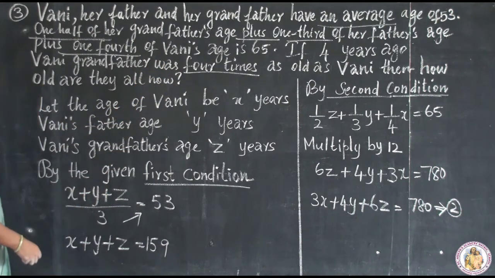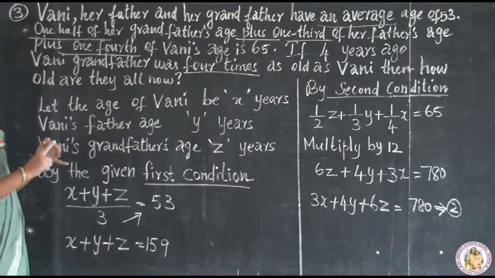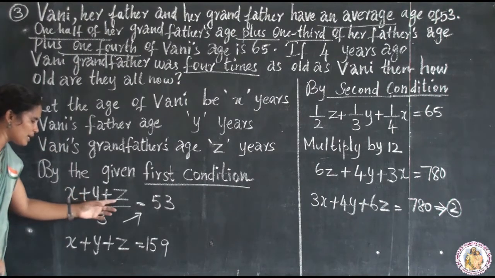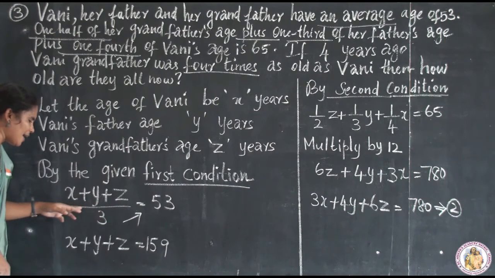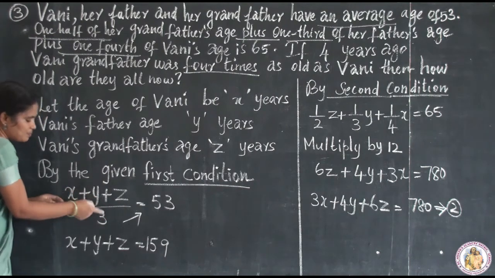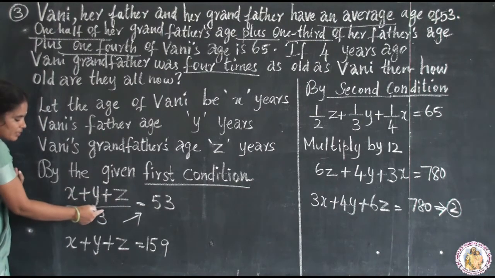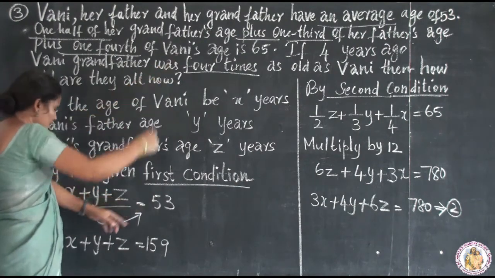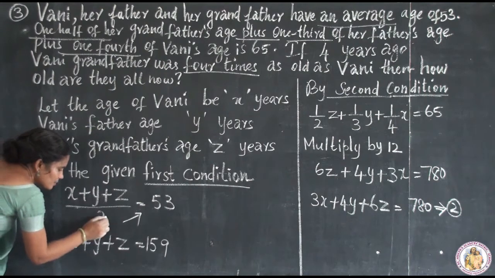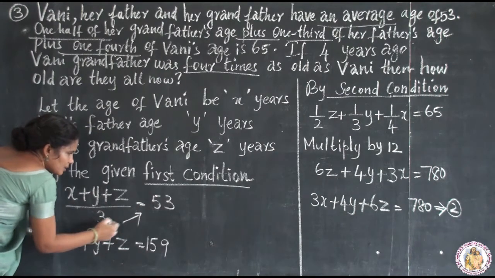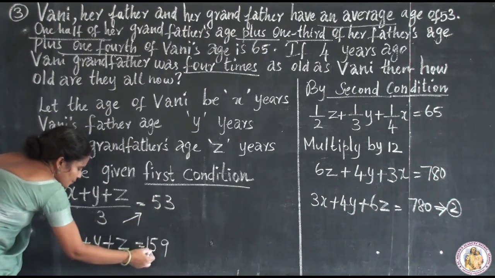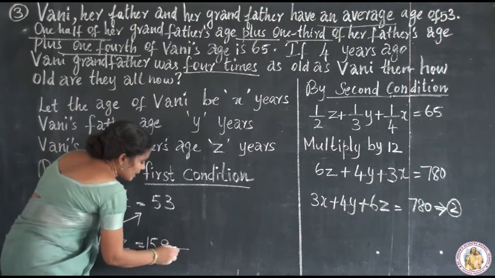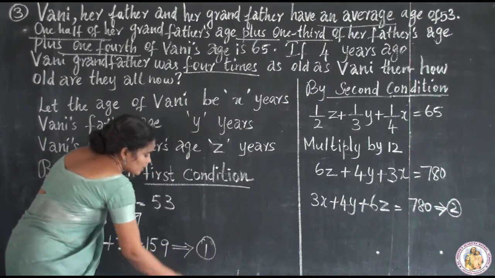To find the average, the sum of observations, x plus y plus z, divided by 3, is equal to 53. Now multiply 3 into 53. 3 3s are 9, 5 3s are 15. So x plus y plus z is equal to 159. Taking this as the first equation.